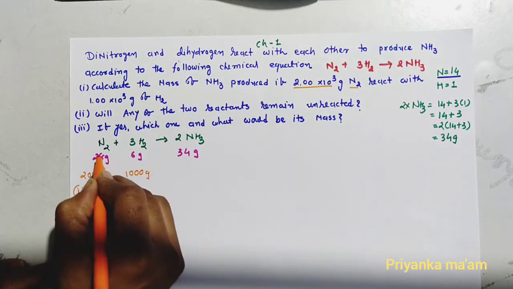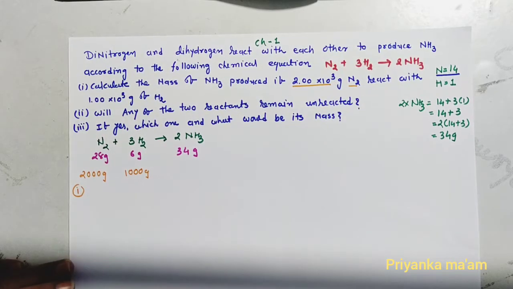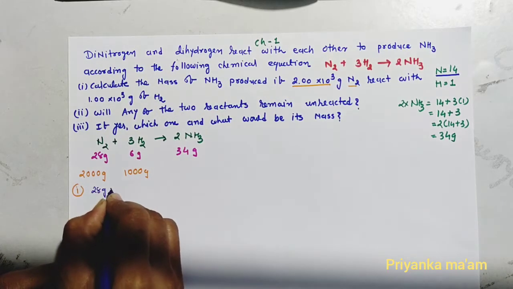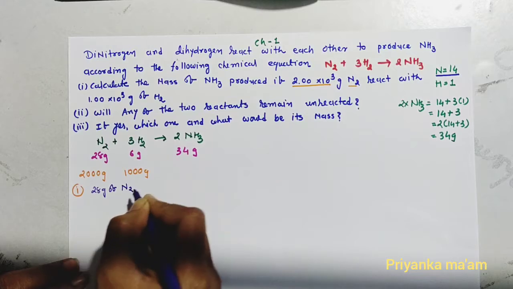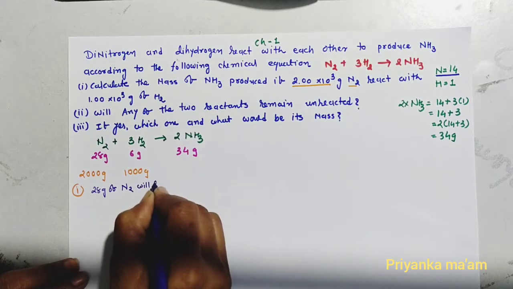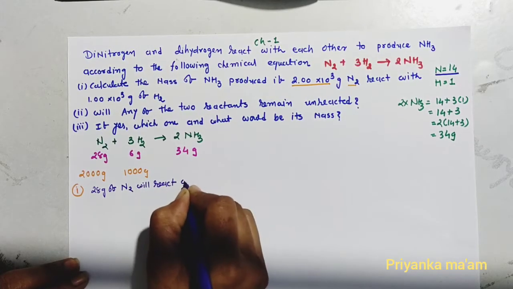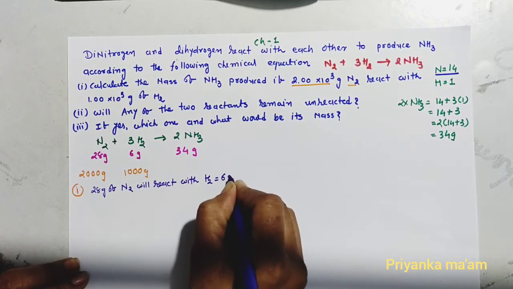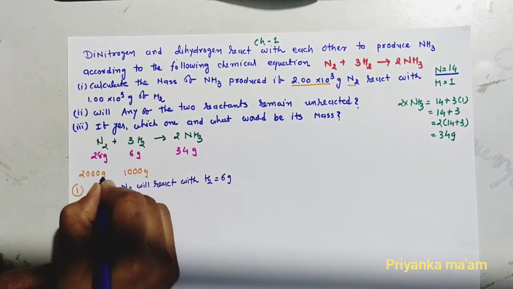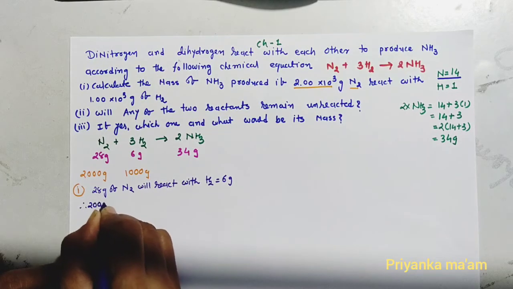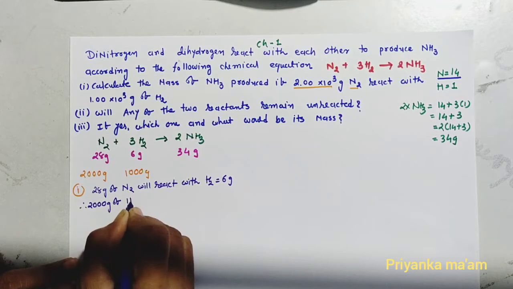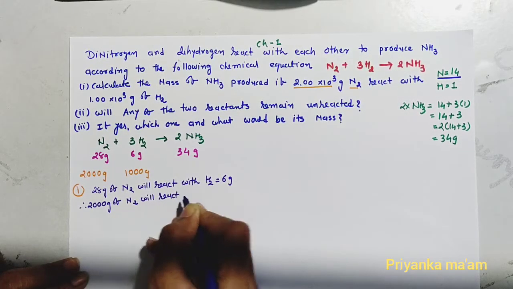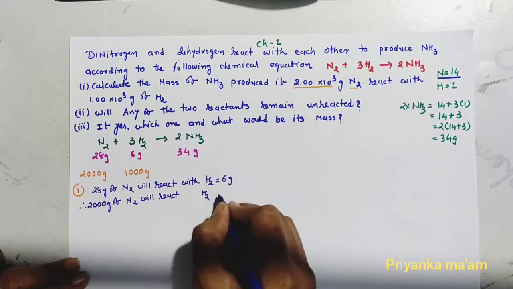See, in this case, we can write like this: 28 gram of N2 will react with H2. How many H2? 6 gram. But we have 2000 gram. So, therefore, 2000 gram of N2 will react with how many H2?